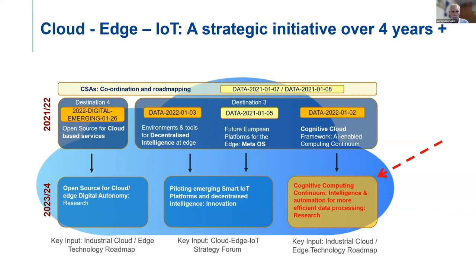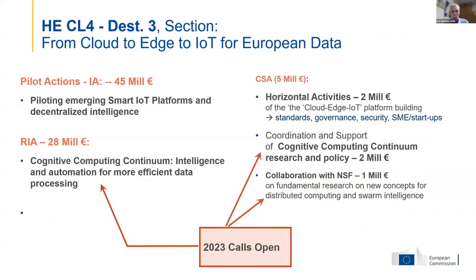So to give you an overview, next slide. What is at stake at this point in time for the new work program 2023-2024? We have pilot actions which will be called for next year with 45 million on smart IoT platforms and decentralized intelligence.